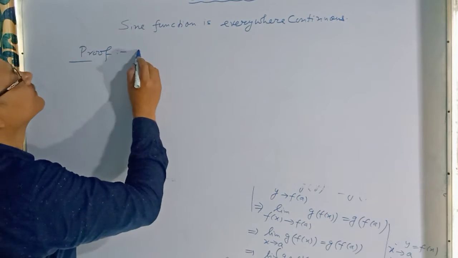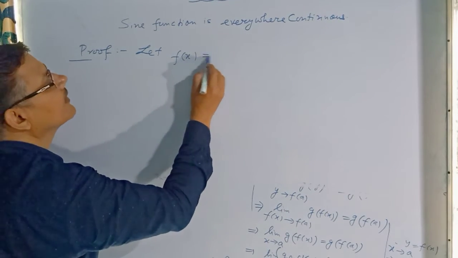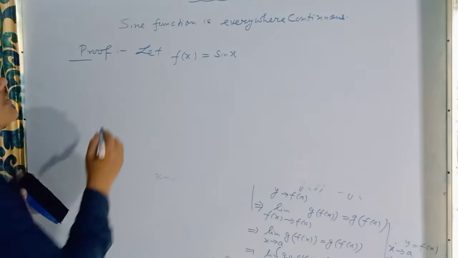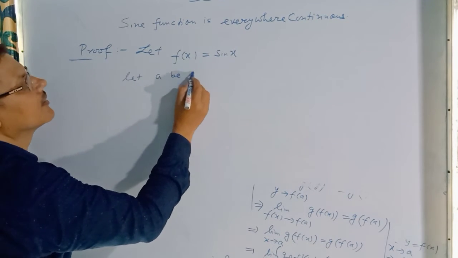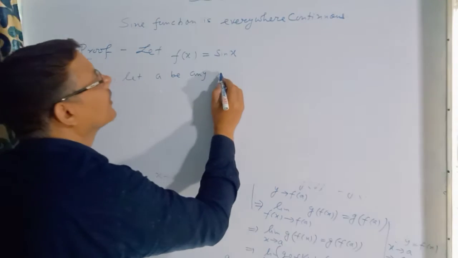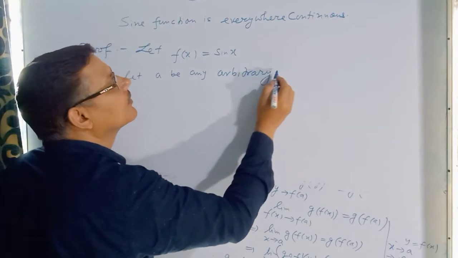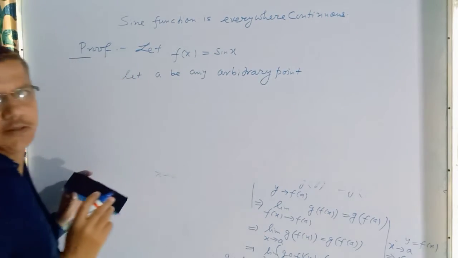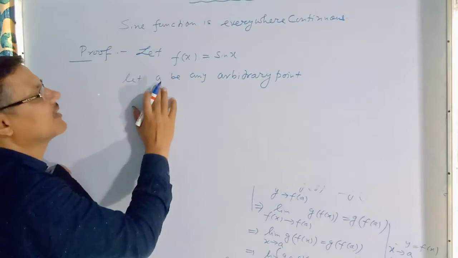Let the function f be defined as sin x. Let a be any arbitrary point. Okay, now we are required to prove the function is continuous at point a.